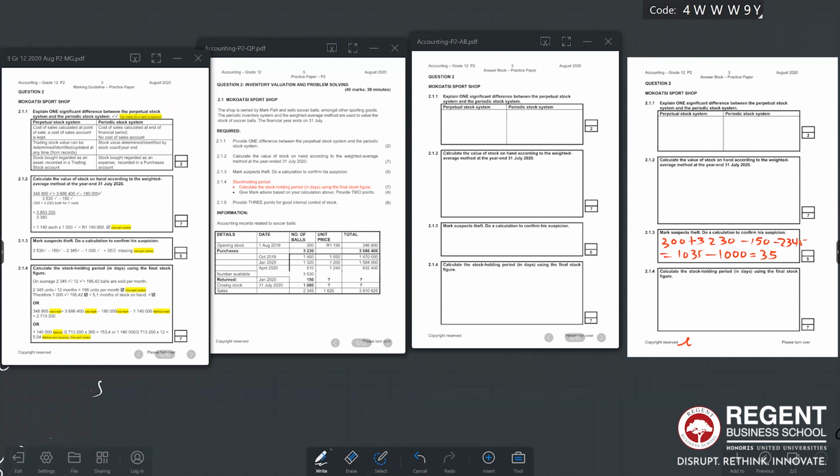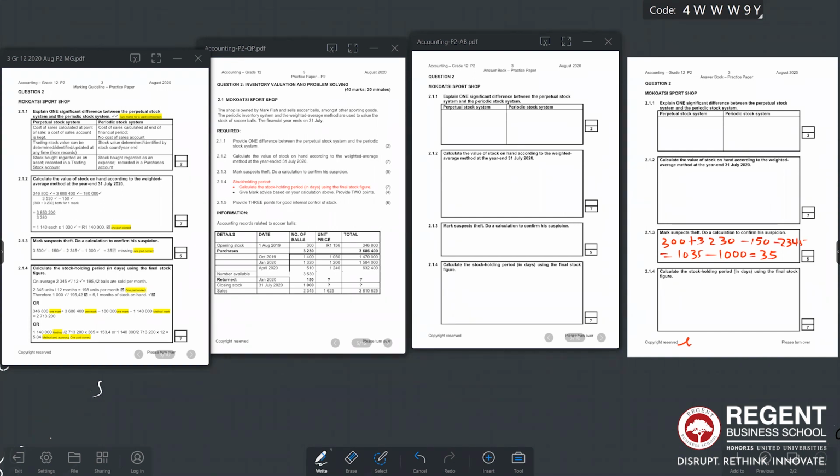Don't be foolish and use average stock when they're telling you to use final stock. They want to know you got 1,000 soccer balls left over. How long will it take to sell them before you are sold out? That's what they want to know.